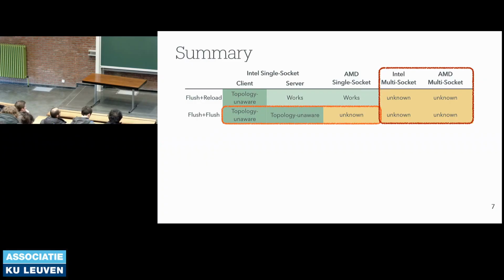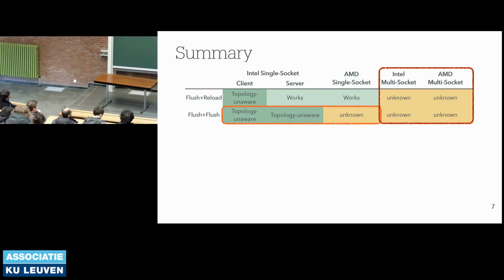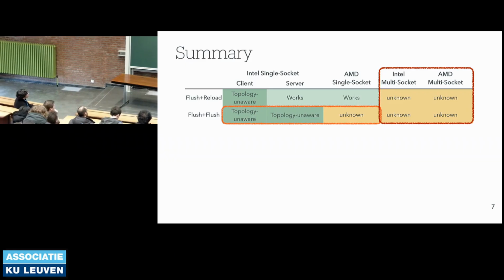For flush and flush, it also works on single-socket servers. However, flush and reload in single-socket server CPUs doesn't work very well in a topology-aware setup. If we add NUMA awareness, we get Intel multi-socket servers, and for both attacks, and AMD multi-socket flush and flush, not flush and reload again.